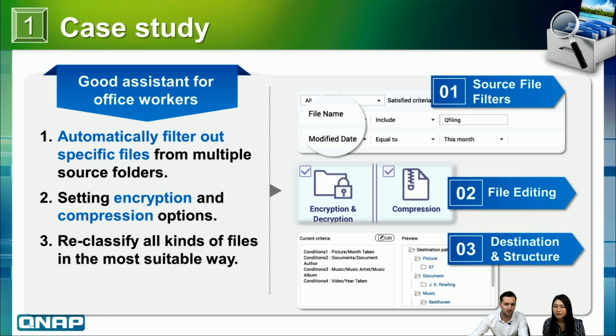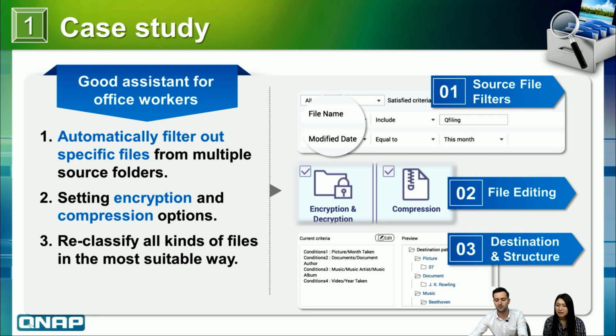The first case study is a good assistant for office workers. It has 3 steps. The first one, you can select some files, including the project name like Qfiling, modified in these months. After selecting the source files, you can choose file editing modules like encryption and compress.